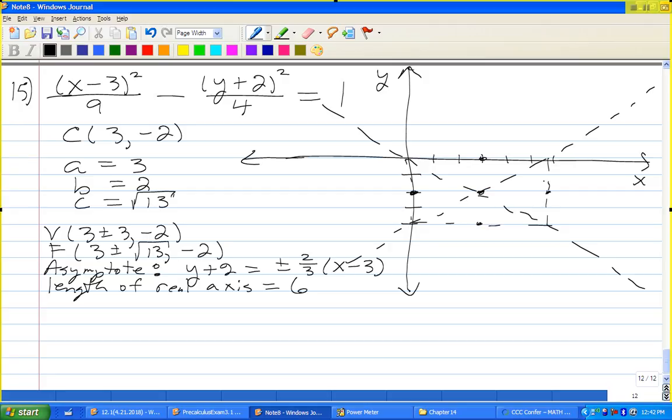So the x is positive, and square root of 13 is about here. Okay, so here are your foci, your vertices in the center, and here are your asymptotes. And so the graph, the hyperbola, should look something like the following.